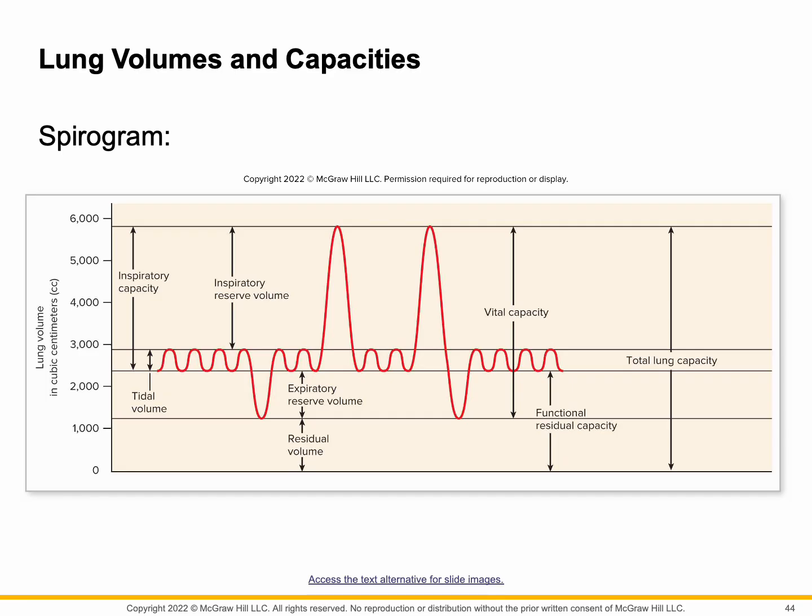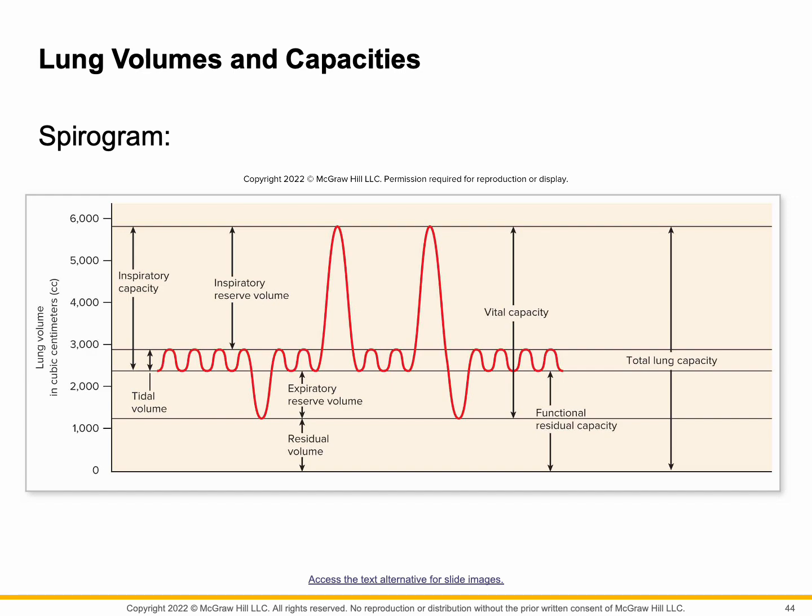The lung volumes and capacities with their ranges are as follows. You can see that the tidal volume is about 500 cubic centimeters. Inspiratory reserve volume is about 2,900 cubic centimeters. Expiratory reserve volume is about 1,200 cubic centimeters, and residual volume is 1,200 cubic centimeters.